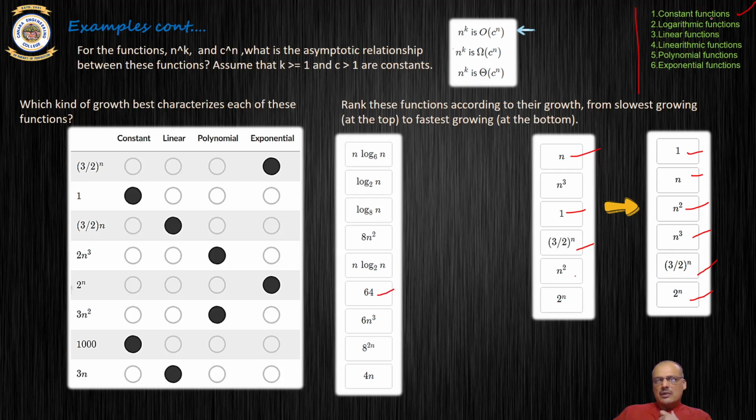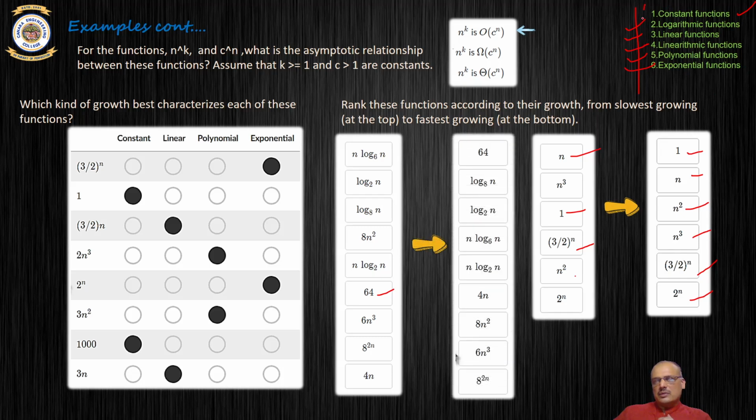So go in this order. First come the constants, then the logarithmic, then the linear, then the linear logarithmic functions, then the polynomial functions, and then the exponential. Keep this in mind. This is how the series show a greater increase as n becomes larger. Arrange the given functions in terms of this, and that would give you the result.